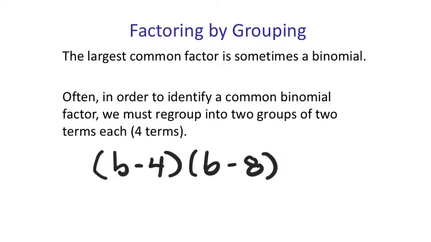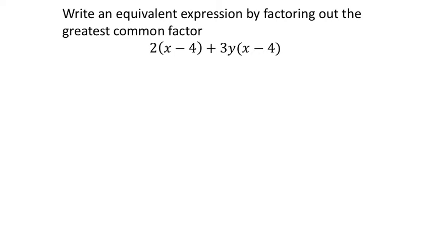But this is kind of how we're going to expect our answers to look like when we start to factor by grouping. So just like that last problem that we saw in 6.1, right here in this one, I see this x minus 4 in this term, and then we also have the same x minus 4 in this term. Boom, that means I can factor that out. Okay, so I'm going to pull it out, x minus 4. And then what do I have left on the inside here?